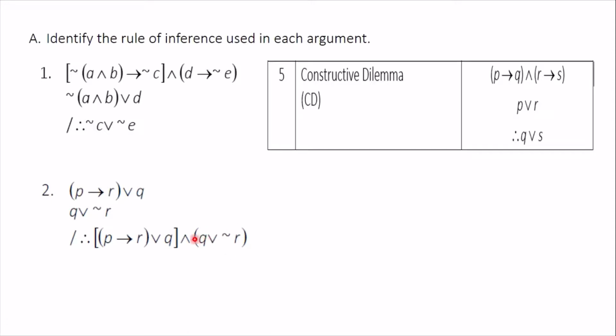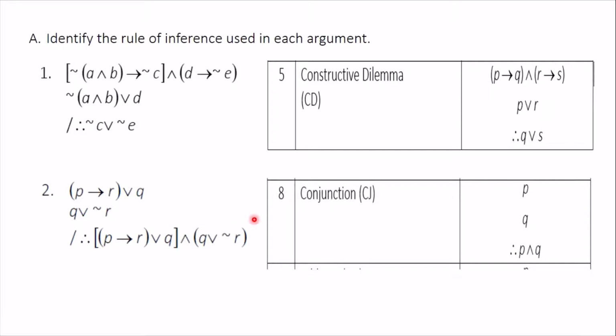Pero we arrive at a conclusion na pinagsama natin yung dalawa using a conjunction symbol. So pagka meron tayong ganyan, naisip natin yung conjunction wherein we can always conjunct two premises. So ang sagot natin dito is conjunction.